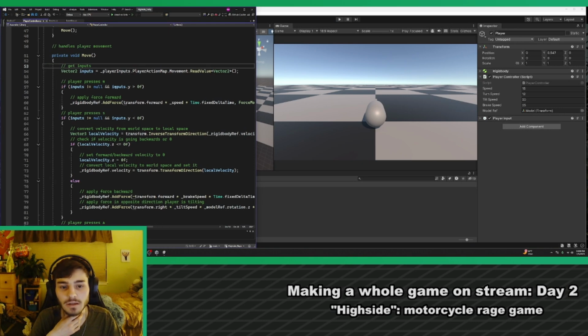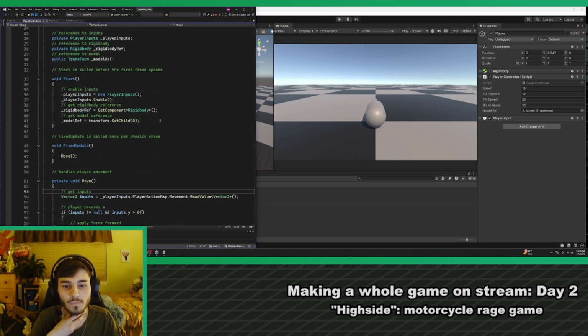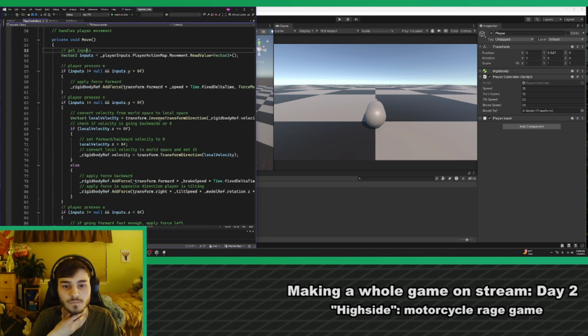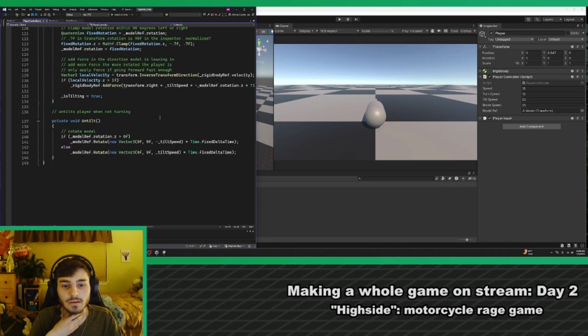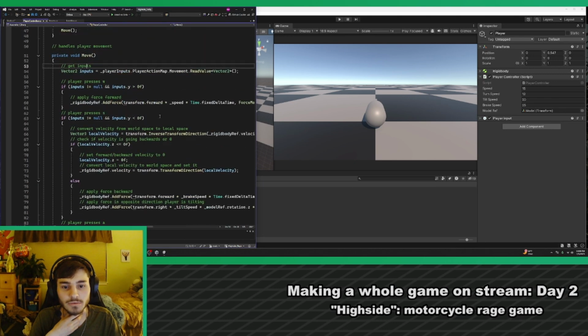Then why not have a... I need to be able to set its velocity to 0.